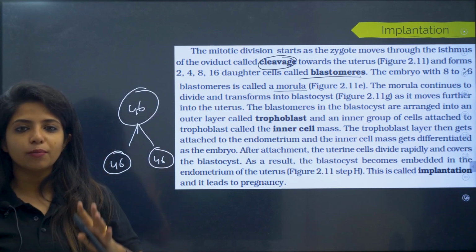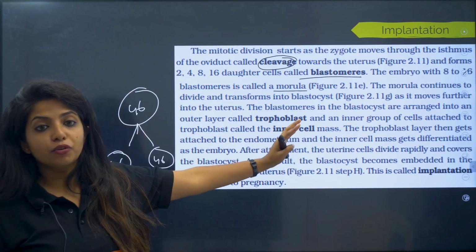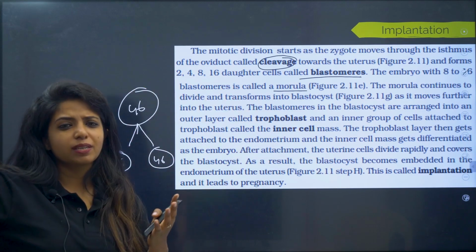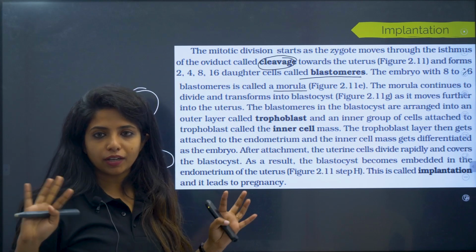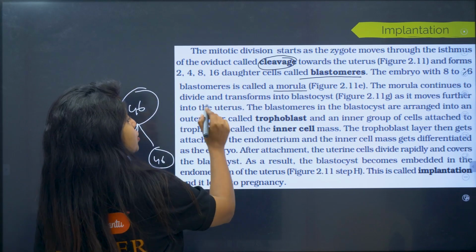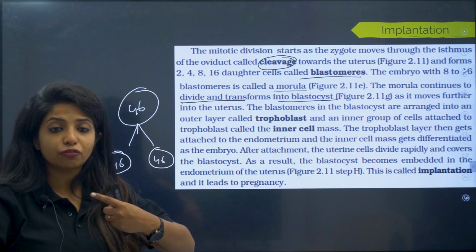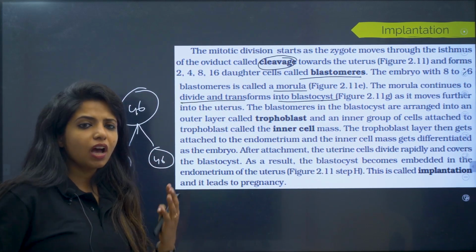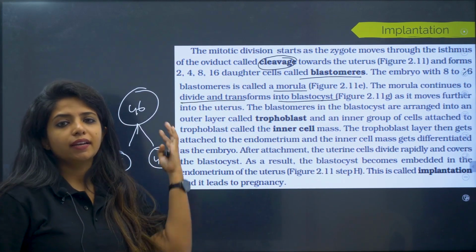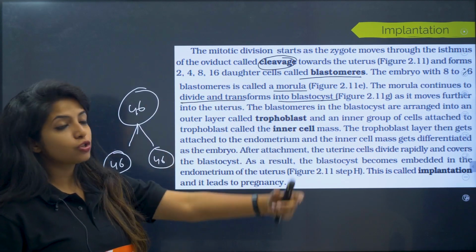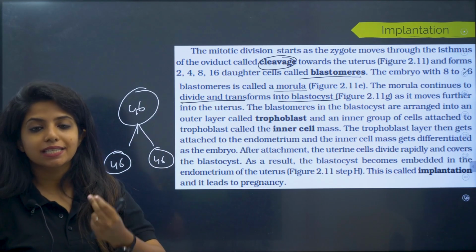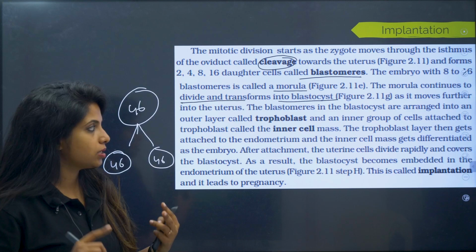So 8 to 16 blastomeres are there in morula. Morula is a stage of embryonic development. That's all. Okay, the morula continues to divide and transforms into blastocyst. Now, this is the next stage of embryonic development. After morula, after it divides a lot, later comes a stage which is known as blastocyst stage. So, morula is there, blastocyst is there.